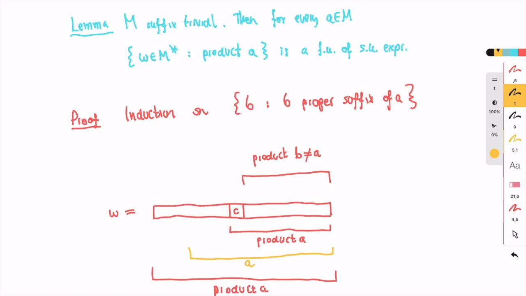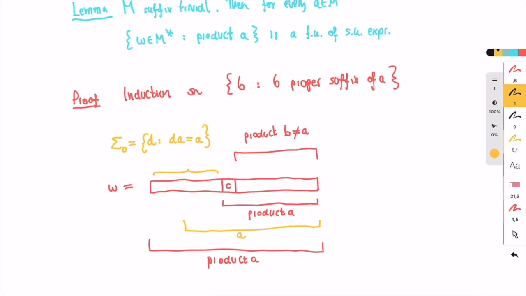It means that if you look at these letters, they are in the following set, which let me call sigma 0, which is letters d such that d product a is equal to a. Because each of these letters takes a back to a again.